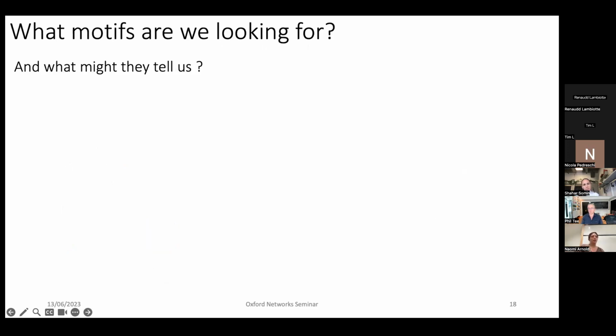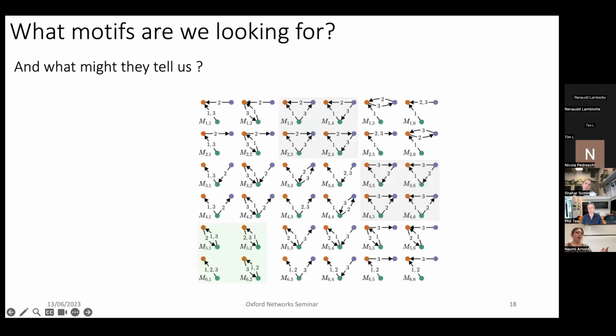So to bound the motifs that we're looking for, we use the motifs from that original paper that focus on up to 3 edges and up to 3 nodes.